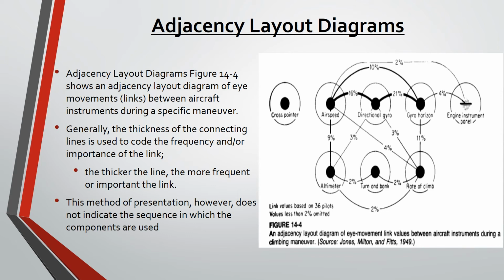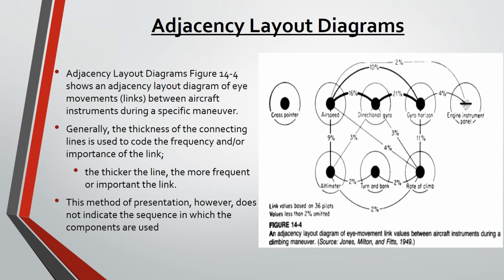A figure of an adjacency layout diagram of the eye movement between various instruments in an aircraft during a maneuver is shown in the figure. And here the problem is that it doesn't show the sequence in which components are used. What you can make out from this figure is that the thicker the line, the more frequently it is being used.